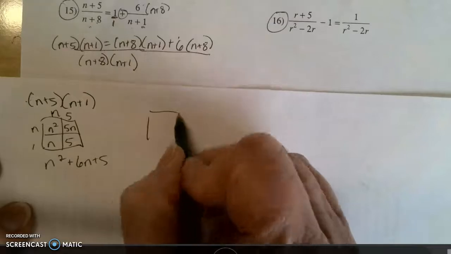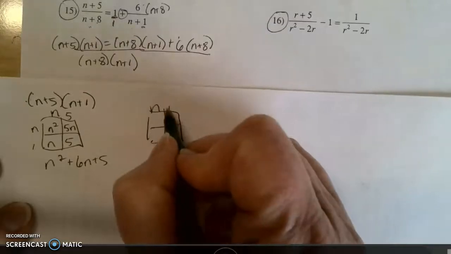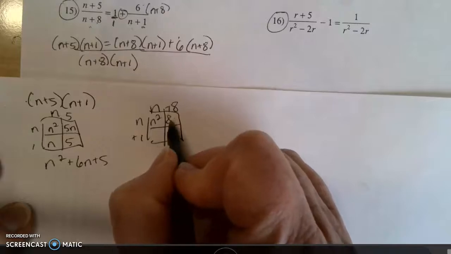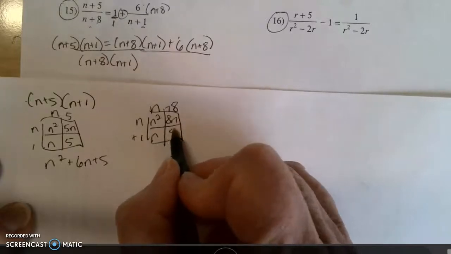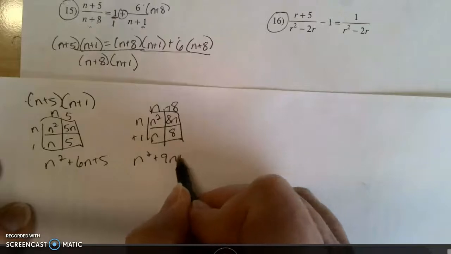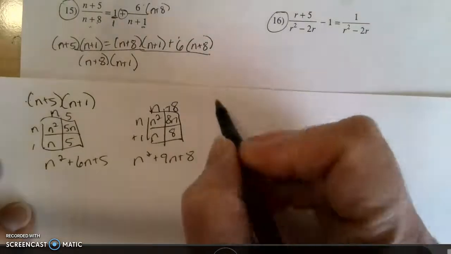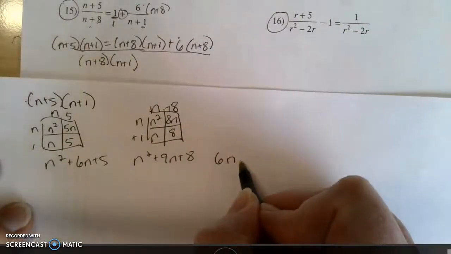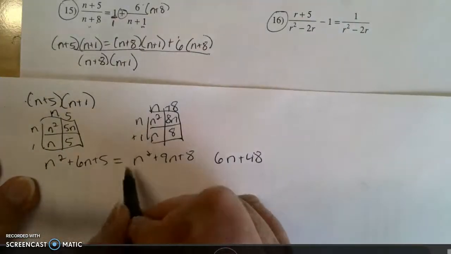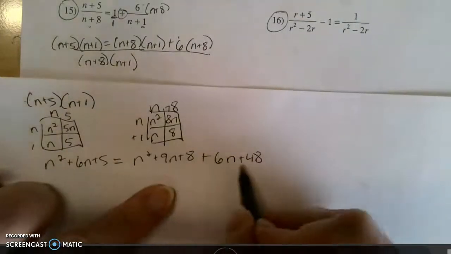And then I've got n plus 8, n plus 1. And then I'm going to distribute. Okay, so I've got this equals this plus this.